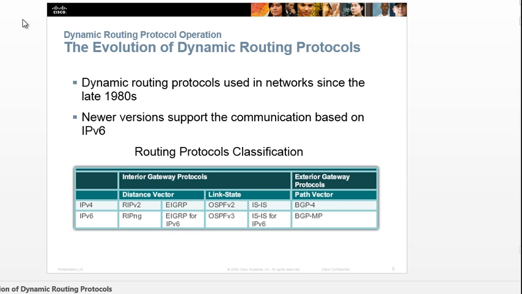And for path vector, you'll see things like BGP, your Border Gateway Protocol. Now in this table they're showing that compared with IPv6 as well, and you'll see IPv6 has RIP-NG, or EIGRP for IPv6. OSPFv3 supports IPv6. ISIS has an addition for IPv6. And Border Gateway Protocol is called BGP-MP for IPv6.